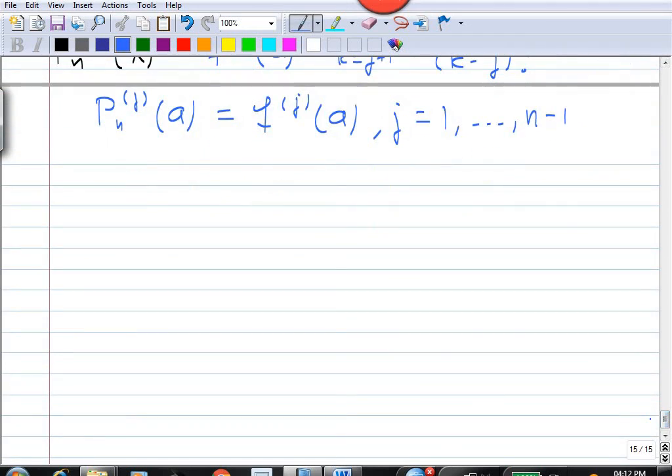Now, we should also note that the Taylor polynomial is essentially the best polynomial approximation for the function near a, and in the following sense.